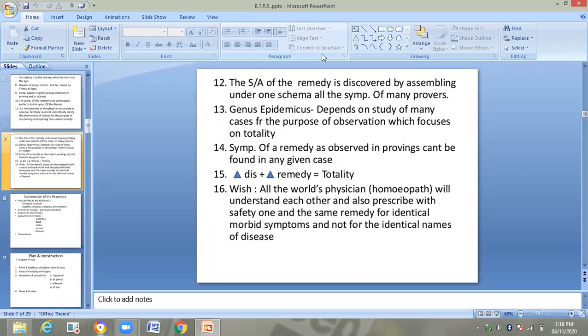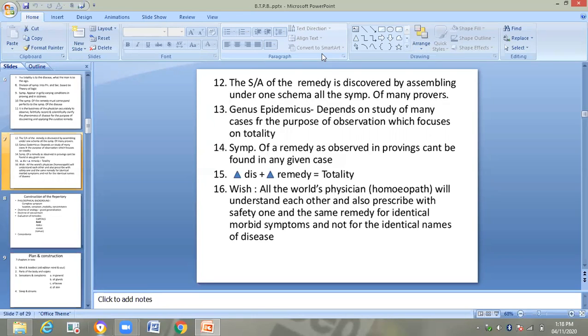When Dr. Boenninghausen went through the symptomatology of different materia medica, he realized many difficulties. He found that many symptoms recorded were incomplete, and very often the incomplete part was related to their modalities.